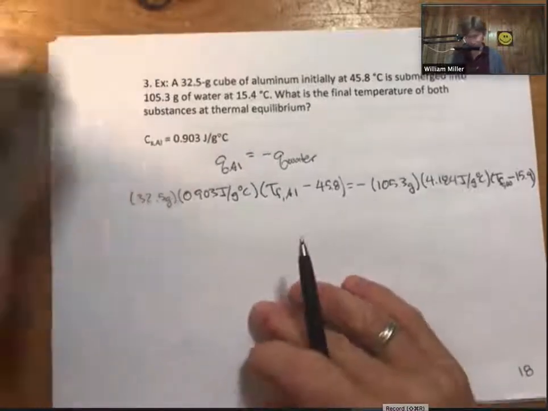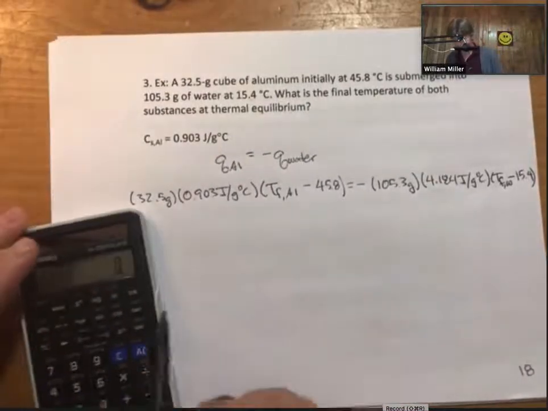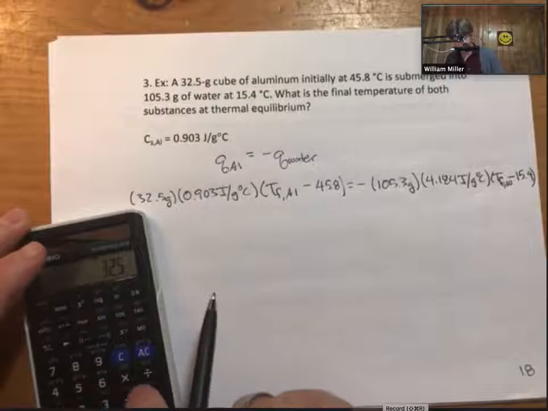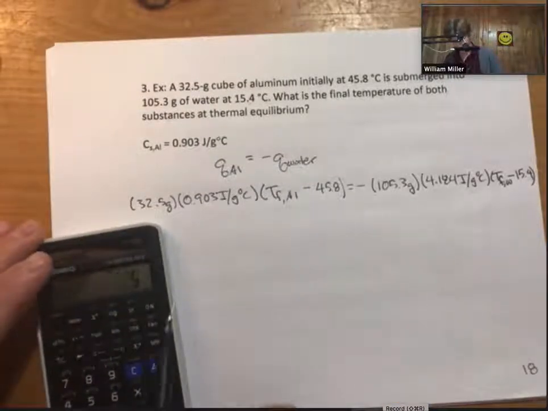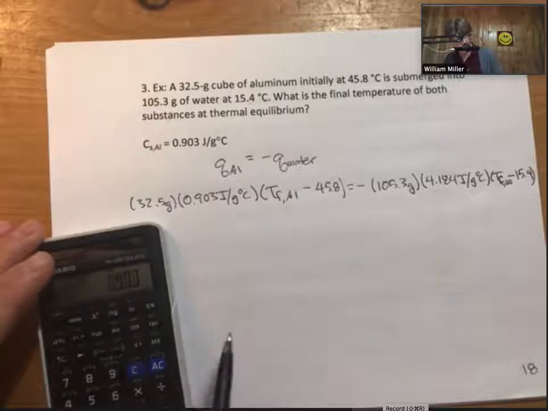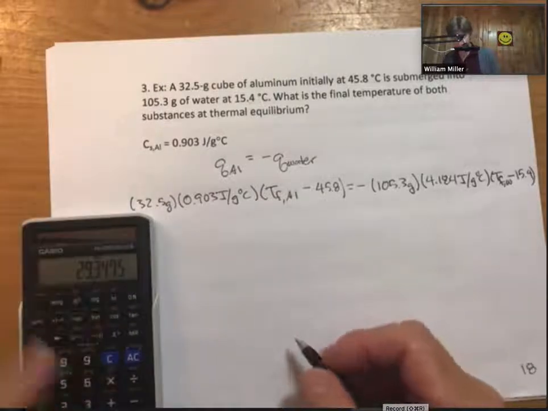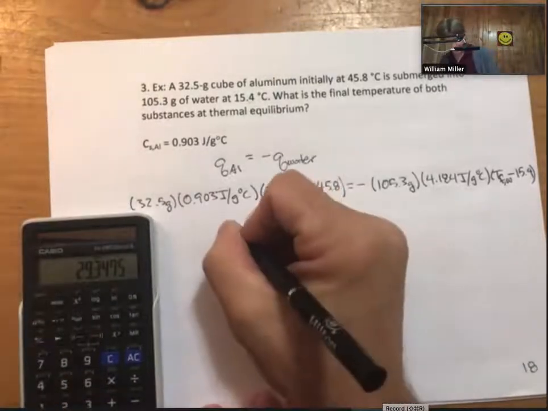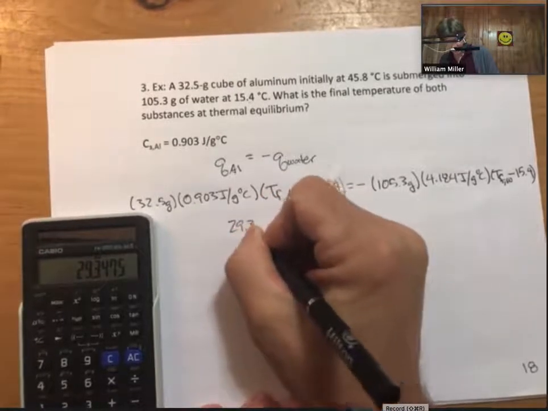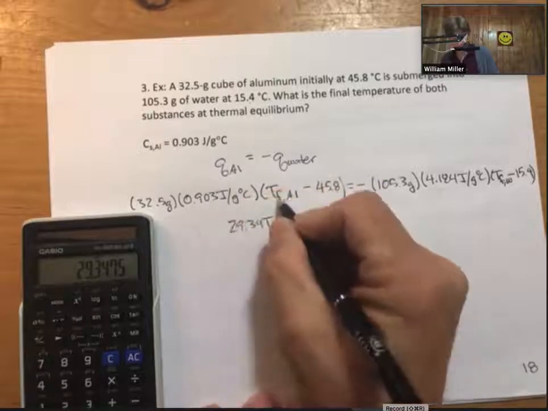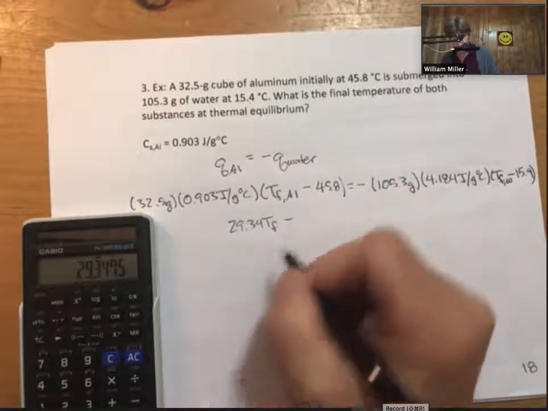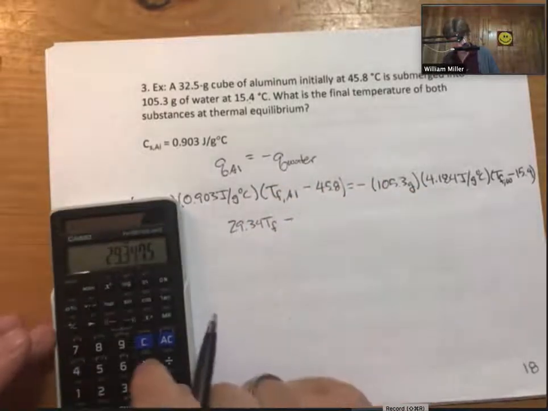I'm going to multiply the left-hand side out times 0.903 equals, so I get 29.34 TF, because of multiplying these parts out, times a minus 45.8.